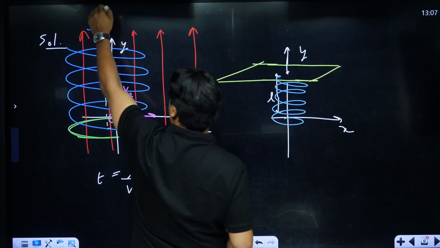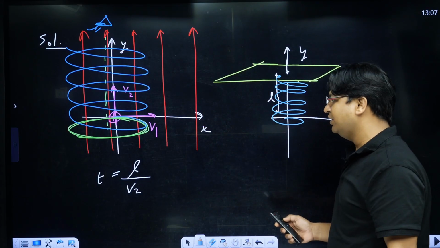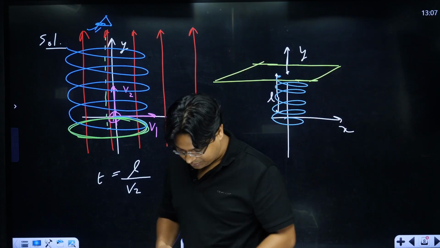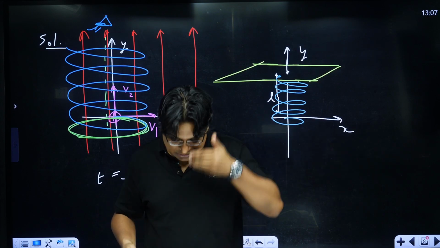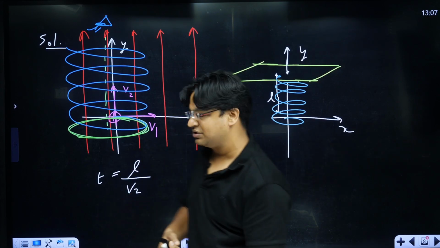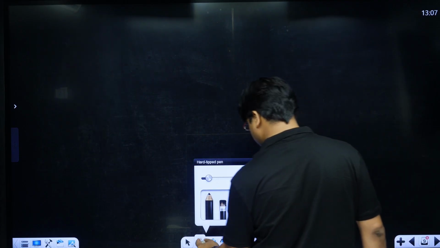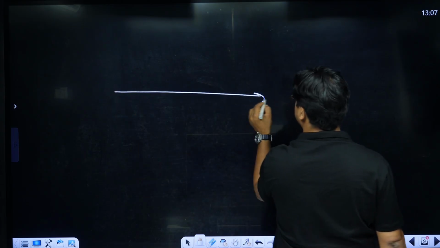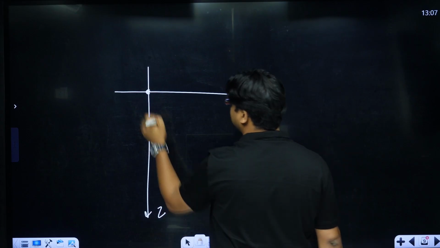So suppose you are looking from the top. I'm looking from the top. The particle is coming towards me. On this side, it's the x-axis. Towards me is the y-axis, and the z-axis is going like this. So what I will draw now: this is the x-axis, this is the z-axis, and the y-axis is the dot.